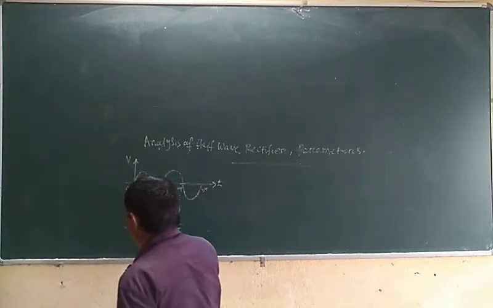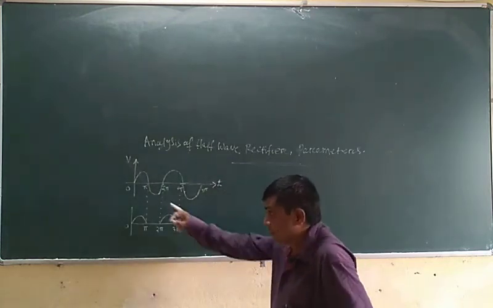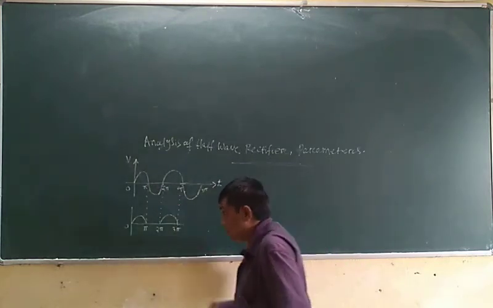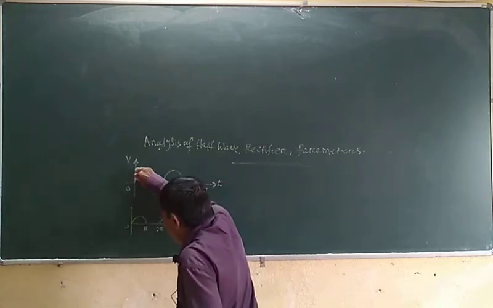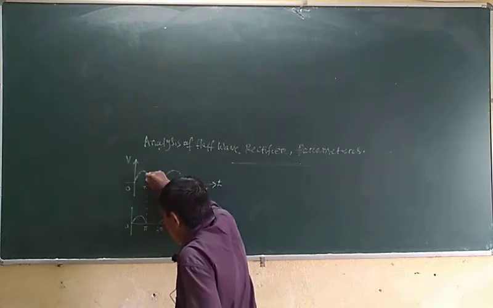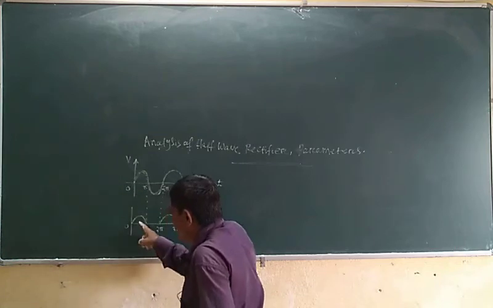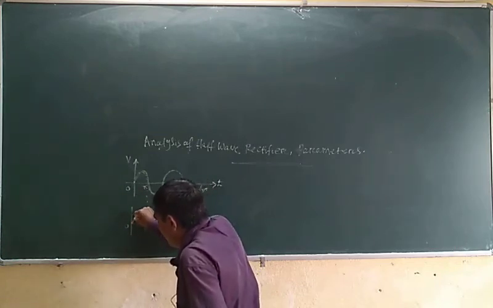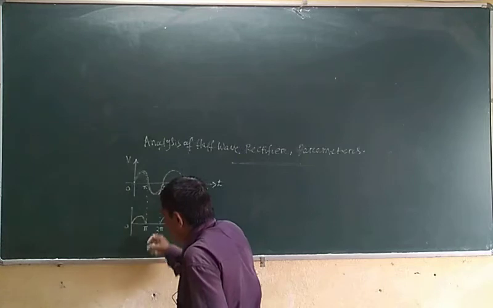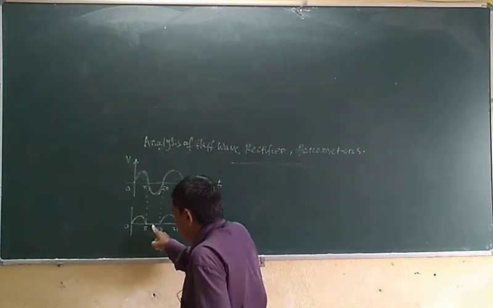In this way, first we see a complete cycle of the input, but in the output signal there is only a half cycle, and in the other half of the cycle there is no signal, that is, zero voltage.